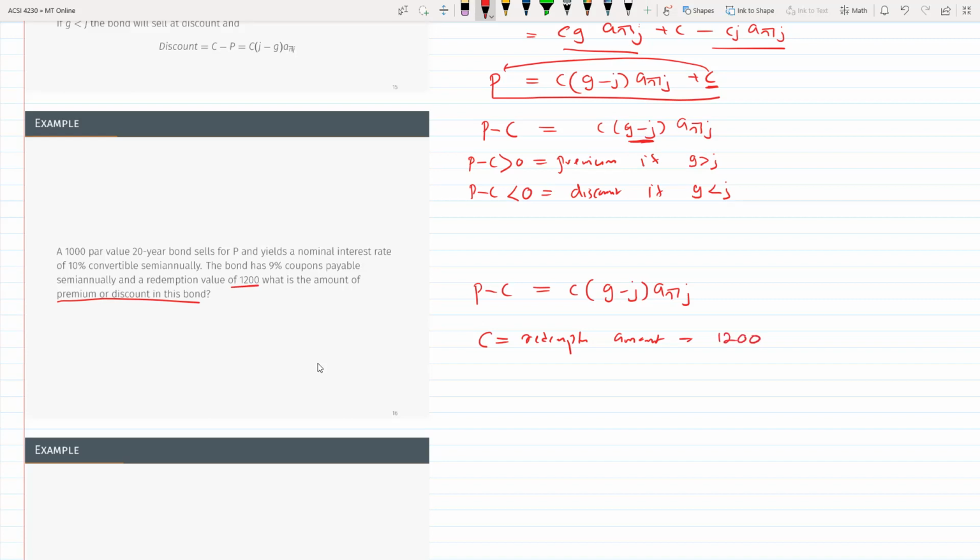And then what is G? G is the modified coupon rate. What is that? That is basically FR over C, no? So what is F? Face value is 1,000 and the rate is 10%, convert semiannually. So FR is going to be basically 1,000 times 10% divided by 2, which is 50.